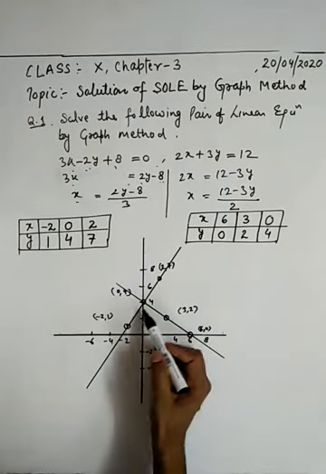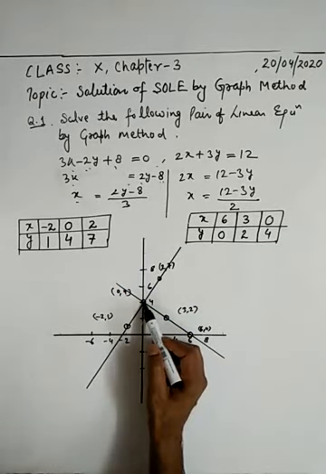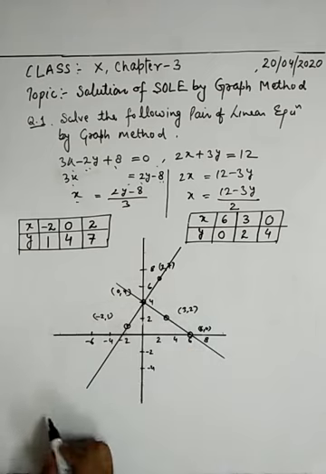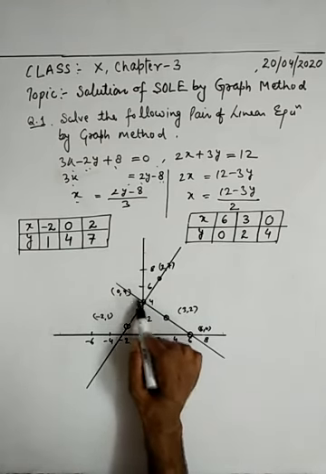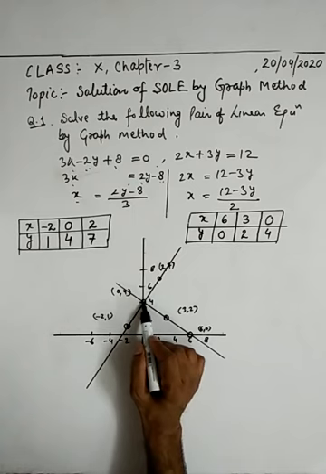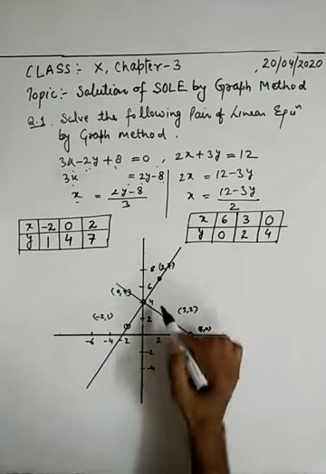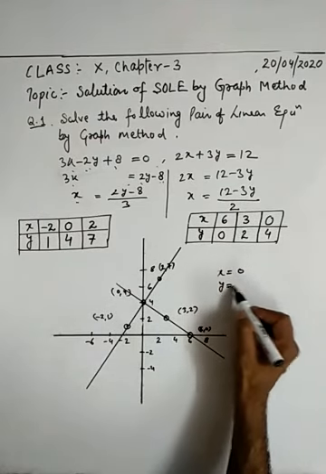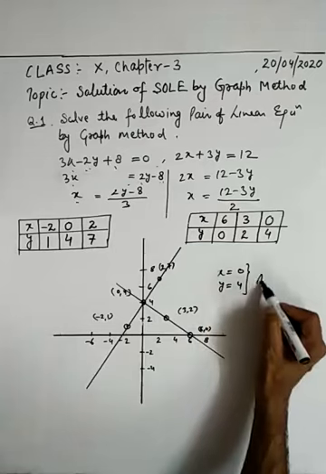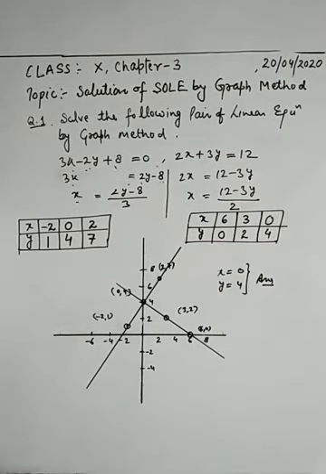So where these two lines intersect each other is the solution of the given equations. Here we see that the lines are intersecting at this point. What is the coordinate of this point? The coordinate of this point is x 0, y 4. So x equal to 0 and y equal to 4 is the solution of the given equations.